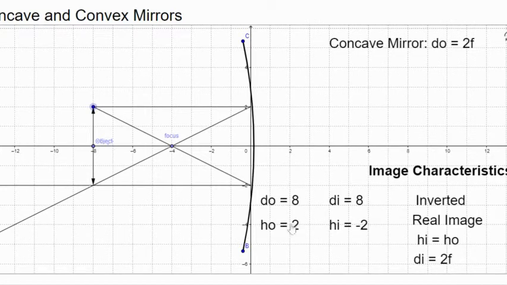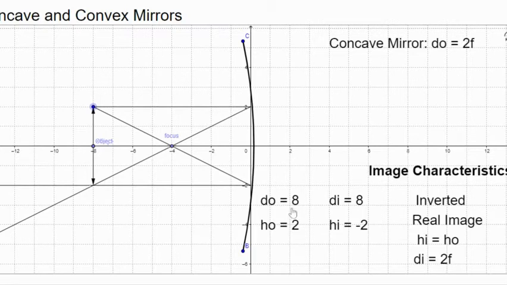When the object distance is 8, which is where the center of curvature is, the image distance is also 8. In other words, when DO is 8, DI is 8 if the focal length is 4. So what I would like you to do right now is try that. Use your mirror equation, 1 over F equals 1 over DO plus 1 over DI, and plug in the right numbers.